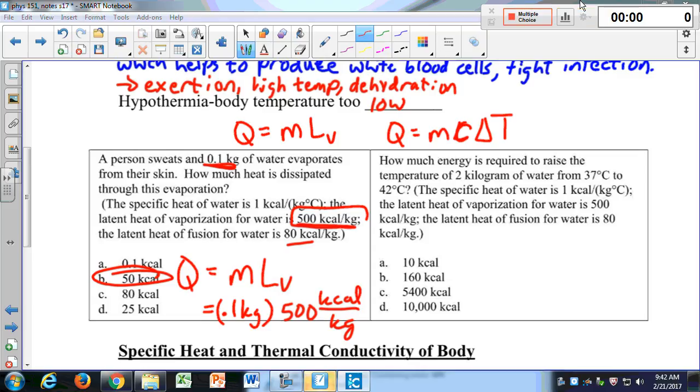Let's do the one on the right. How much energy is required to raise the temperature of 2 kilograms of water from 37 to 42?